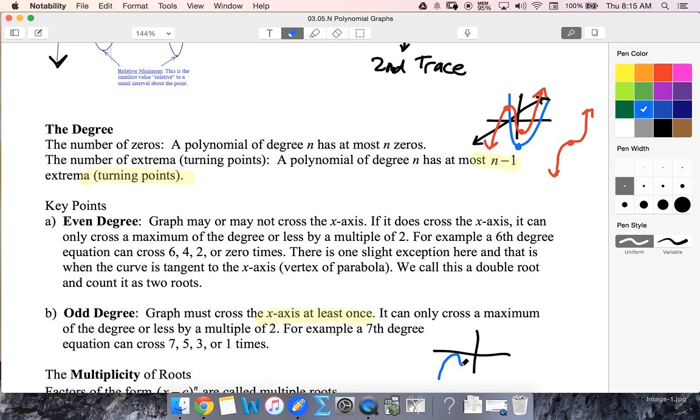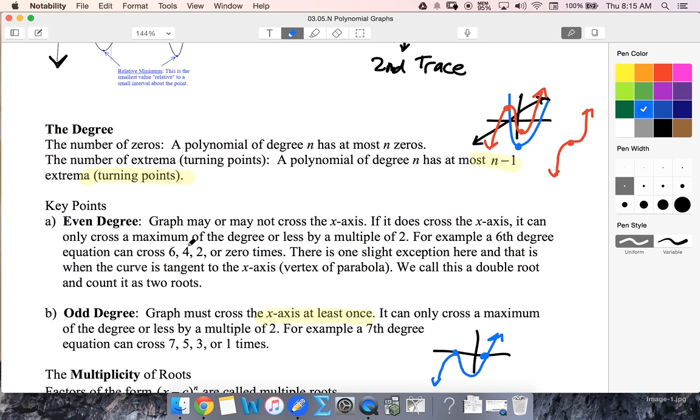I could touch the x-axis, turn around, and so when we say cross, we really mean crossing. Here I have 2 x-intercepts, but I've crossed the x-axis once.